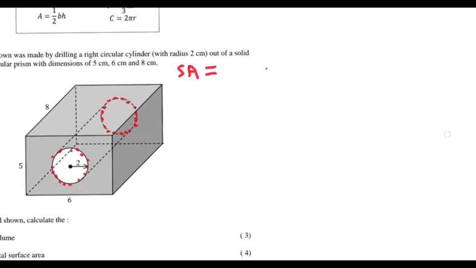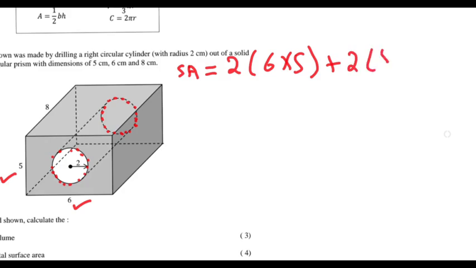So surface area of the rectangular prism: 2 multiply 6 times 5 plus. So we utilize these two sides. You can choose either side, the answer is going to be the same. Now 5 and 8: 2 multiply 5 multiply 8 plus.